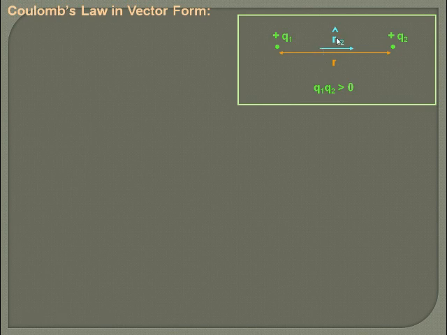So r12 cap is a unit position vector from charge q1 to q2. In a similar manner, we can also define a position vector r21 cap, which will be directed from charge q2 to q1.